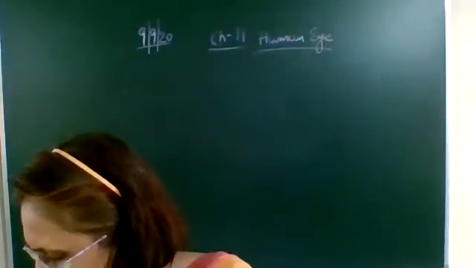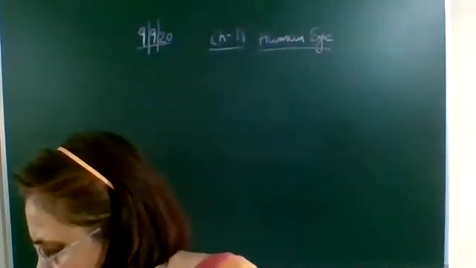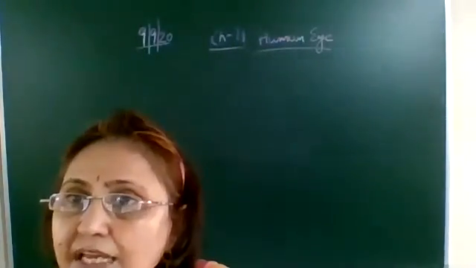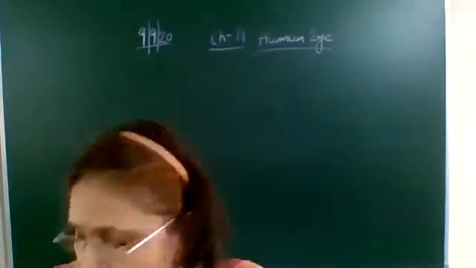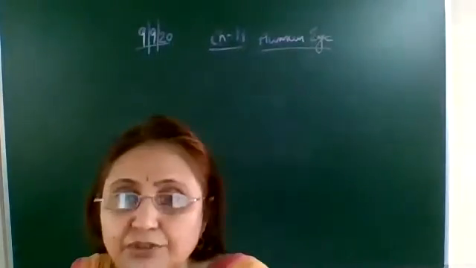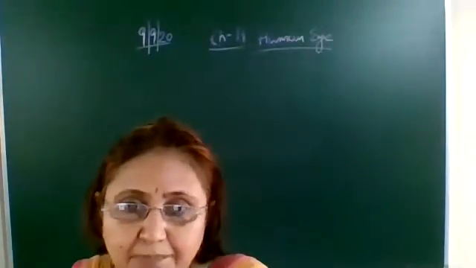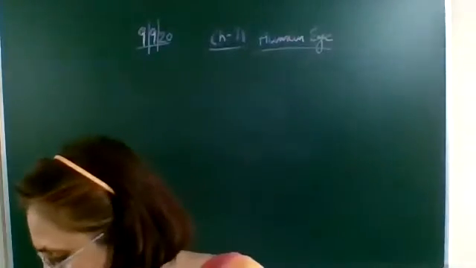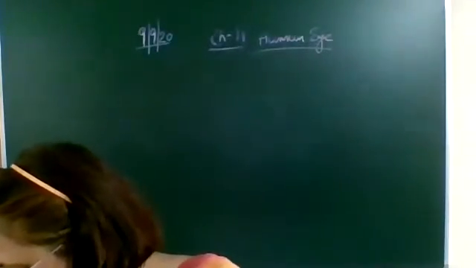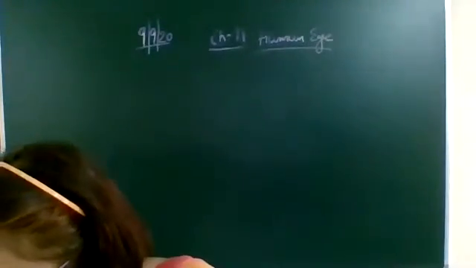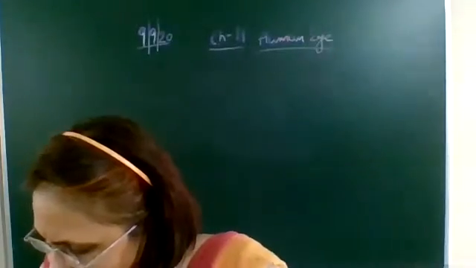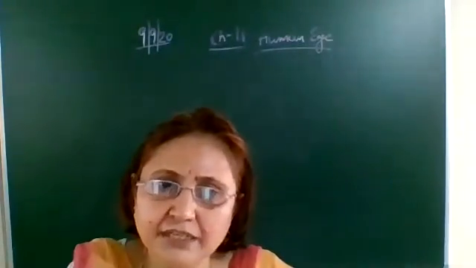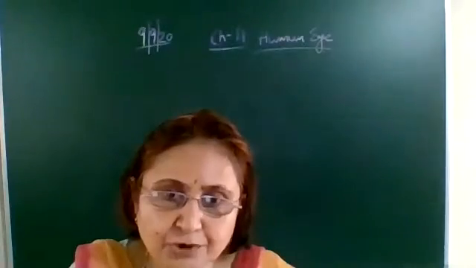Then behind it is the crystalline lens. Then the second part is the lens. Now this lens is not made up of glass, as in the lab you see, that is made up of glass. This is not made up of glass. It is made up of flexible material, a jelly type of material which contains protein.